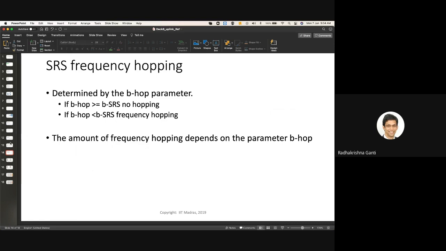Instead, you want to transmit a 32 length SRS over 4 times. They want to multiplex multiple users also, so they do frequency hopping. Instead of transmitting the first 32 at the starting point, they transmit the first 32 somewhere in the middle of the frequency range, and then in the next slot they hop around so that the entire frequency is covered. That's called frequency hopping.